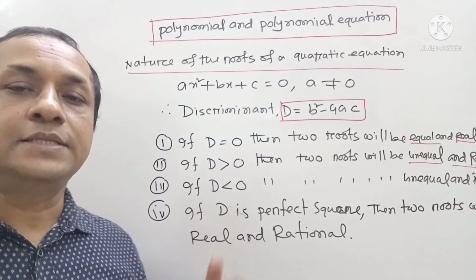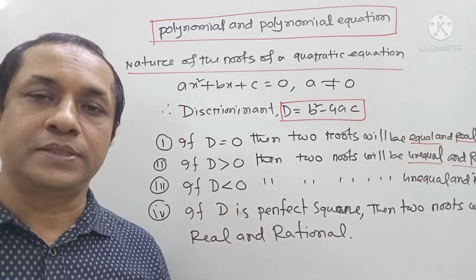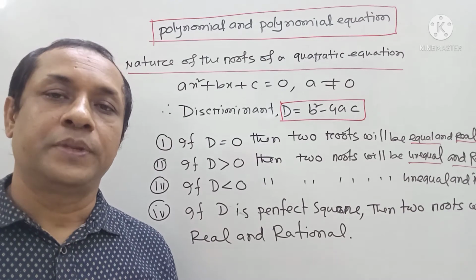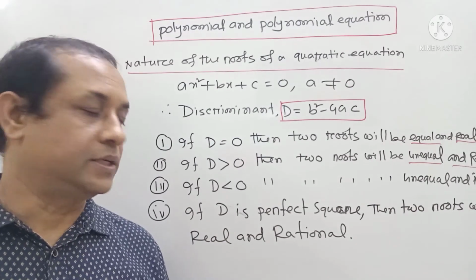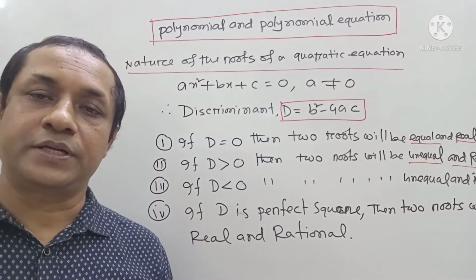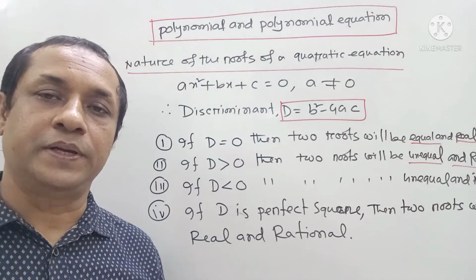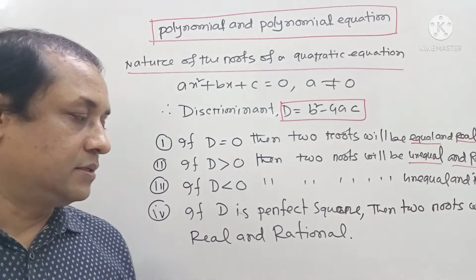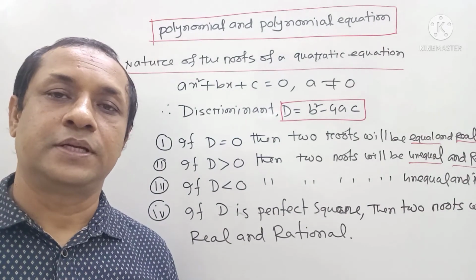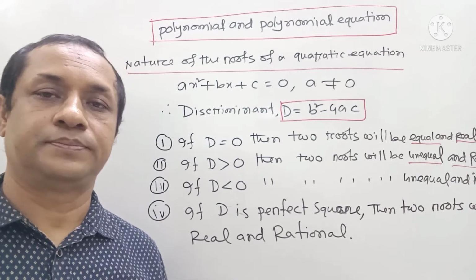If d is less than 0, the discriminant is negative, the two roots will be unequal and imaginary. And condition 4: if d is a perfect square, the two roots will be real and rational. I hope that student you are clear.